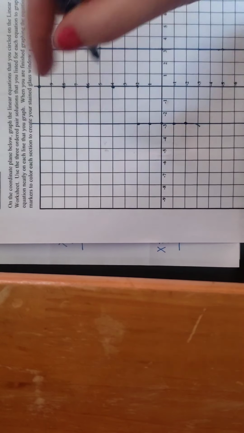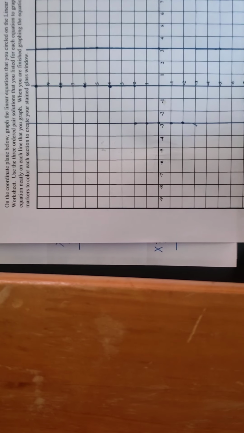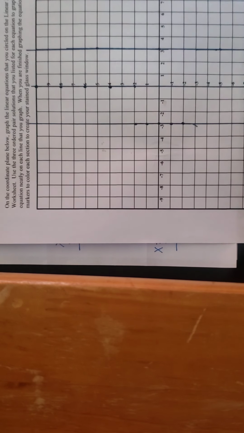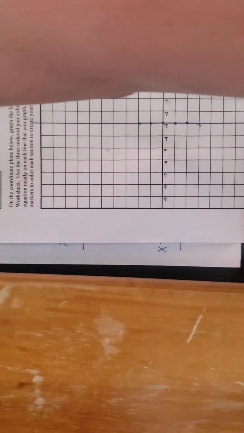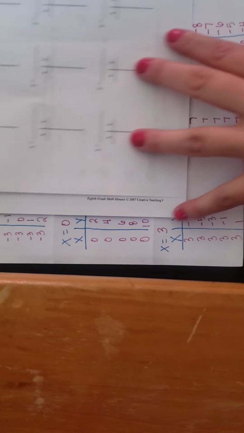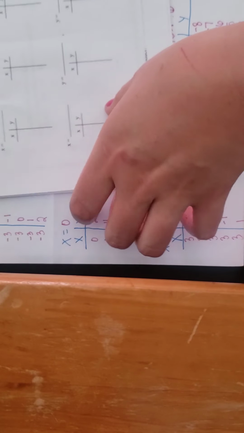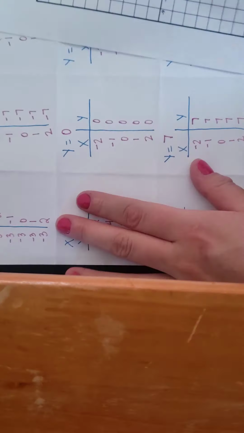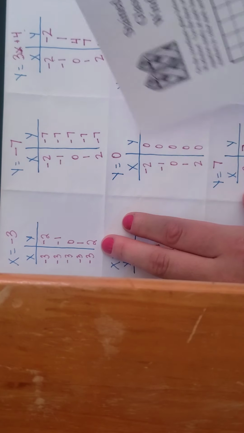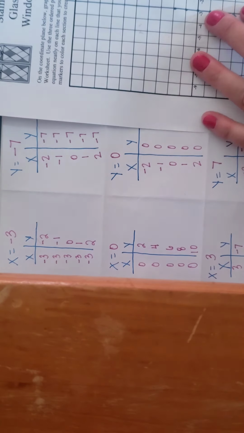Okay. You may not be able to see them super well, but then when you start to color in your different areas, you'll see them even better. I'm going to change colors for my y equals lines just so that you can see the difference. So what we had talked about was that for column 2, these are going to be flat lines. So for y equals lines, my equations were y equals -7, 0, and +7.